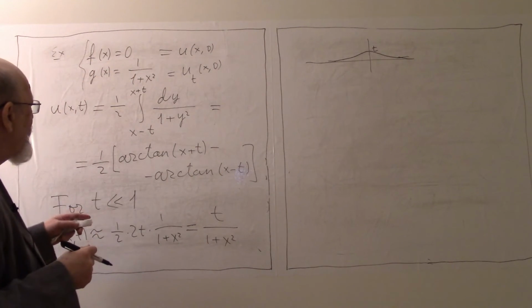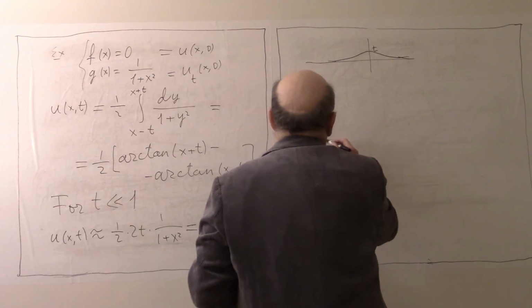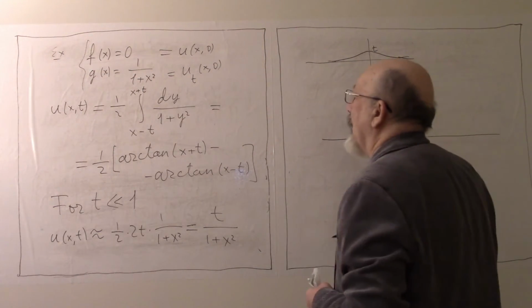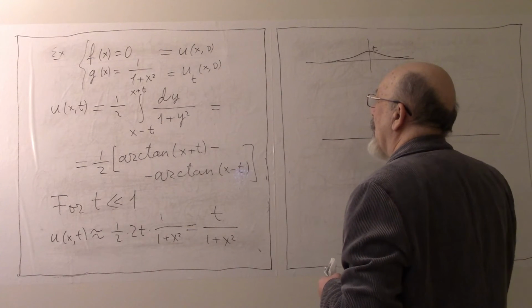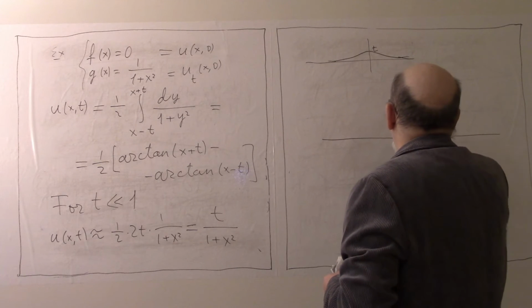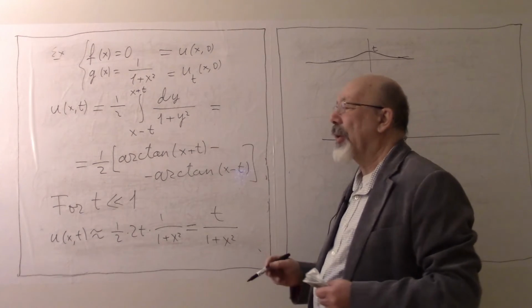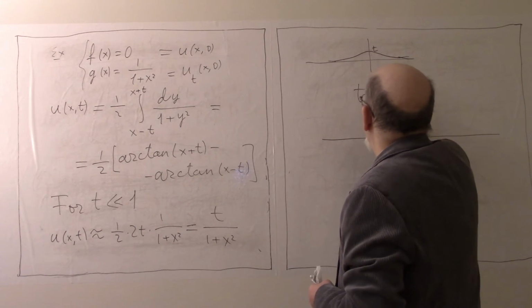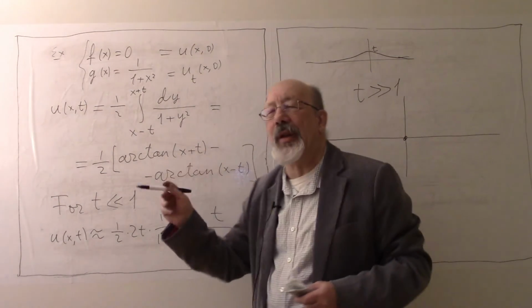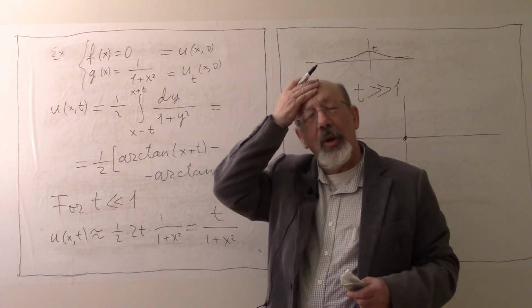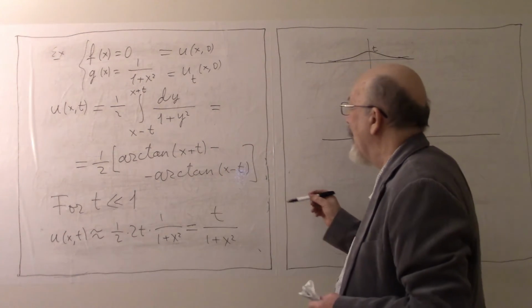At large t, we have the following. Say at x equals 0, arctangent t, for t very large, is close to pi over 2.